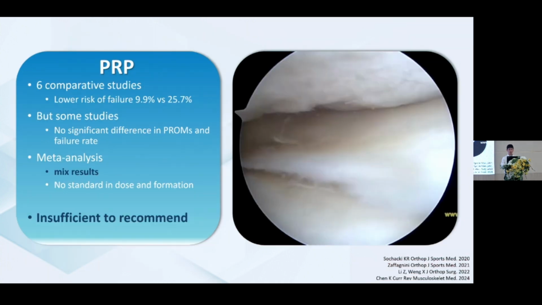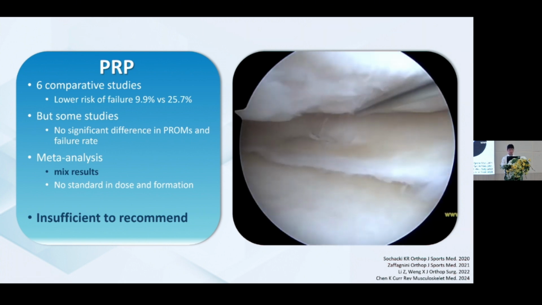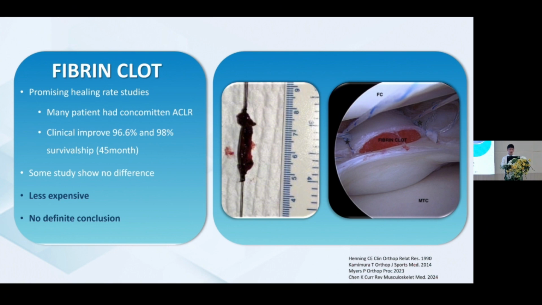PRP has gained popularity. There are also mixed results in the meta-analysis due to the results and also no standard in the dose and formulation, so there's insufficient evidence to recommend its use. Fibrin clot is as easy and less expensive as PRP, but the reports are still inconclusive, so there is no definite conclusion to recommend.